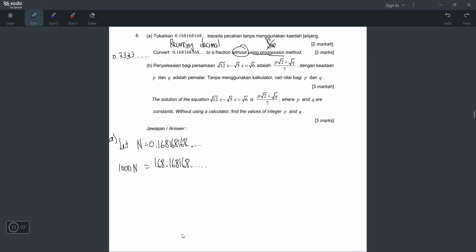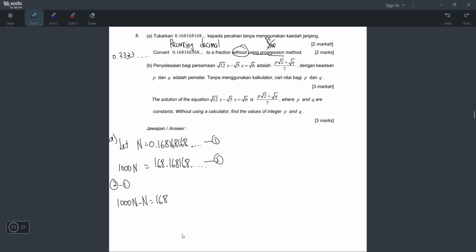And after I times 1000, I will call this equation 1. I will call this equation 2, and I have to take 2 minus 1. Okay, I'll take equation 2 minus equation 1. So what is equation 2 minus equation 1? 1000n minus n. So let's write it down. 1000n minus n. And then the other side will be 168.168168 repeating until infinity, minus this one, which is 0.168.